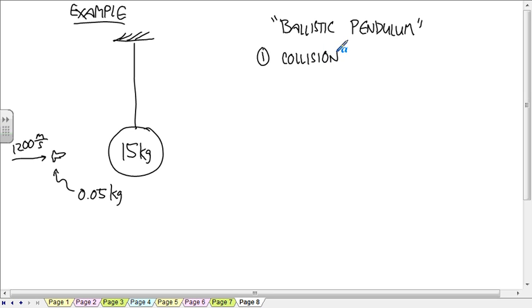If the bullet sticks in there, is it an elastic or an inelastic collision? Inelastic. And then after the collision, the bullet-mass combination just swings from here up to the highest point, and we'll use conservation of energy for that.